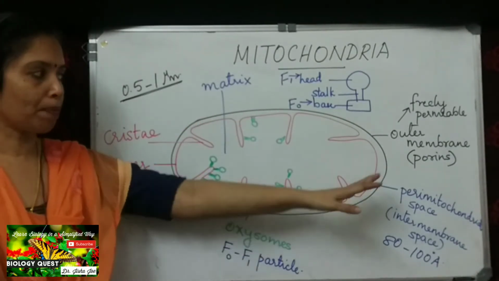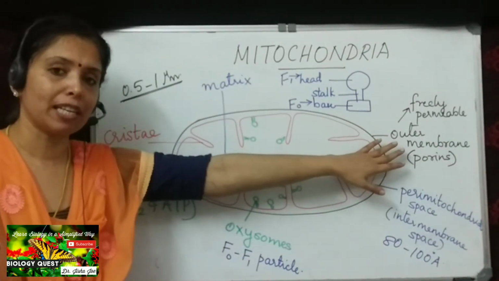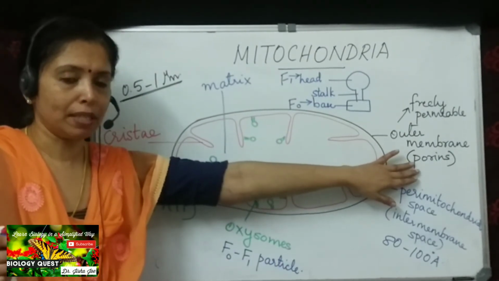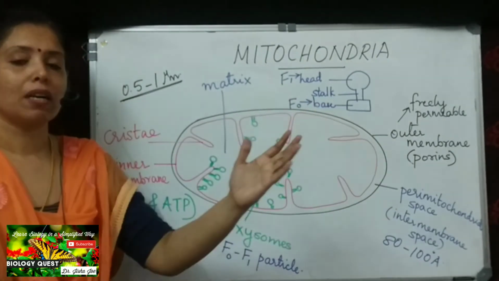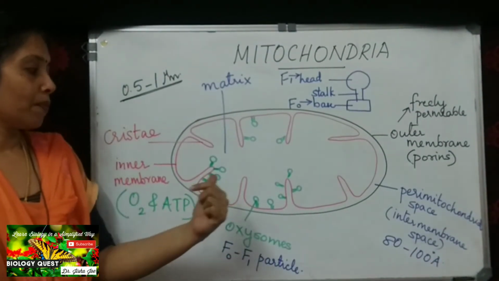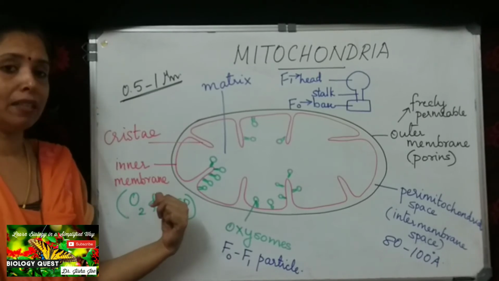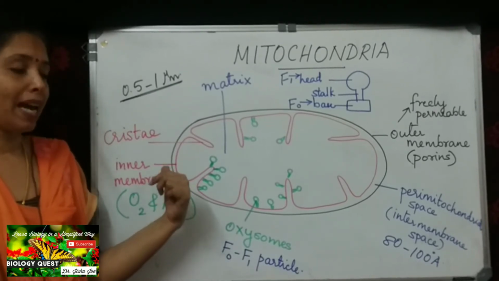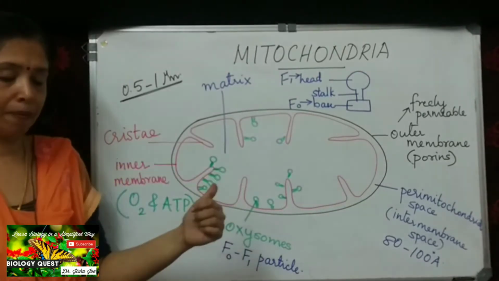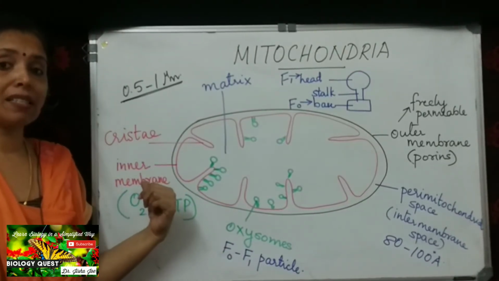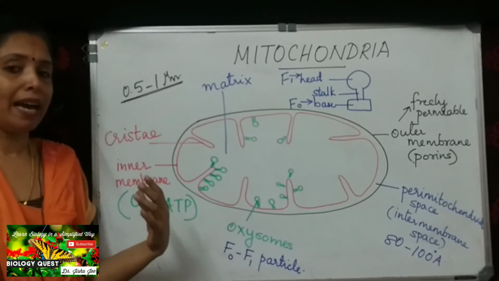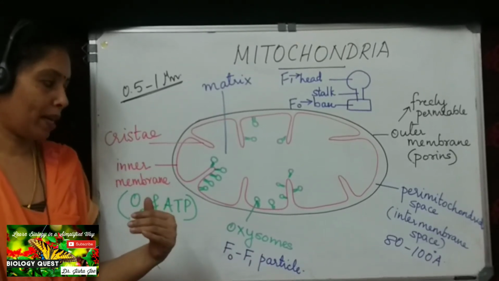The outer membrane is a freely permeable membrane made up of proteins called porins, and it allows small molecules, ions, etc. to pass through it. The inner membrane has several infoldings called the cristae. The inner membrane is a selectively permeable membrane. It allows only oxygen and ATP to pass through it.